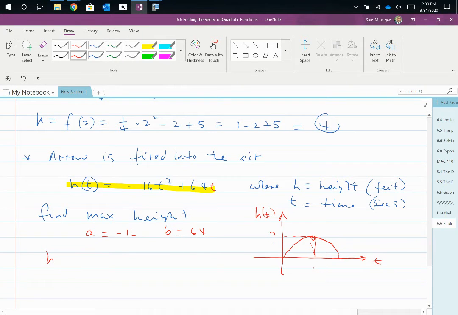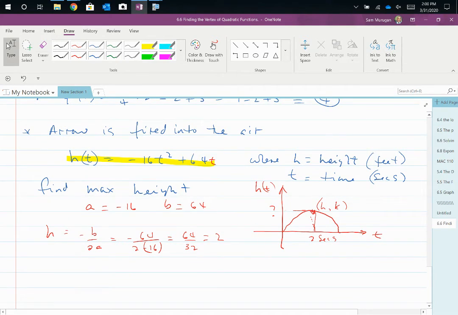But in order to find that height, we have to find the vertex, the k value of the vertex. So h is minus b over 2a, which is minus 64 over 2 times negative 16, which is 64 over 32, which is equal to 2. So after 2 seconds, this arrow is at its maximum height.